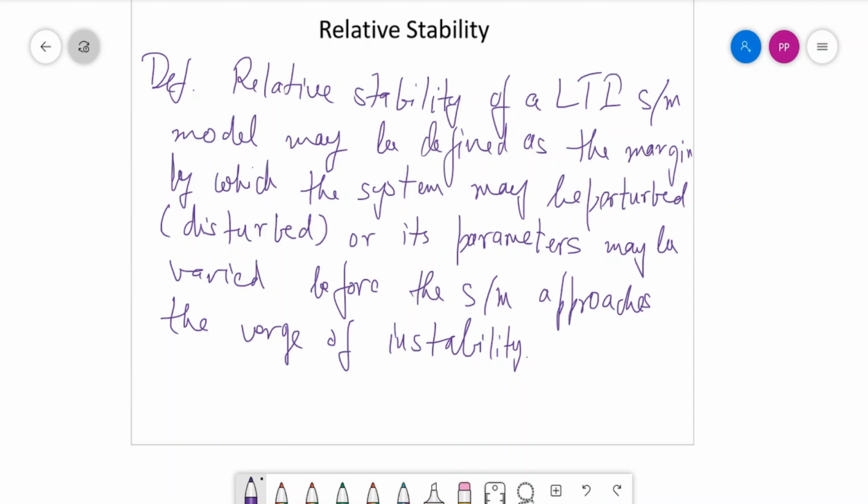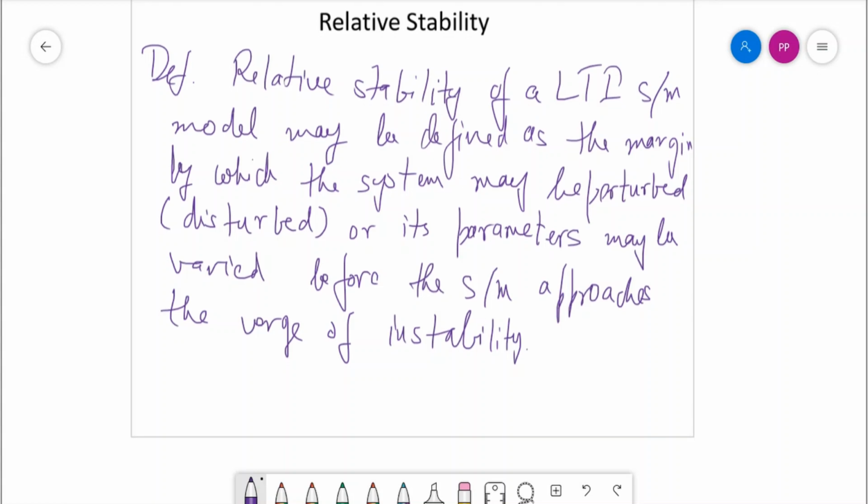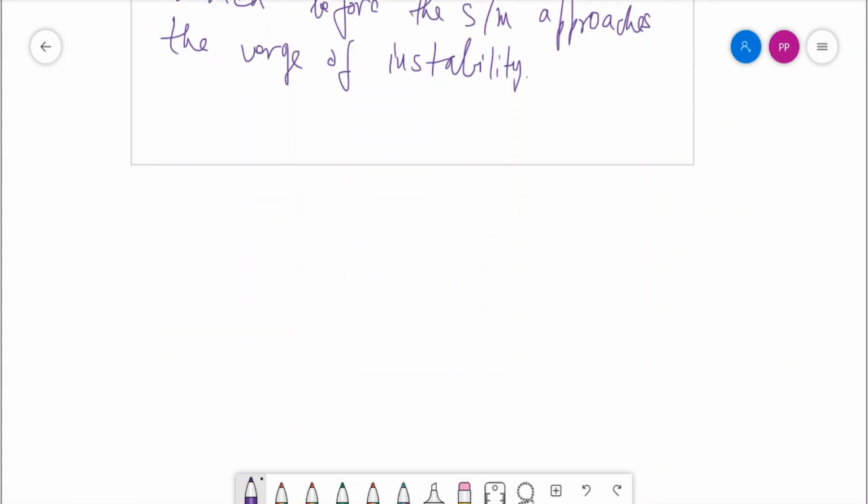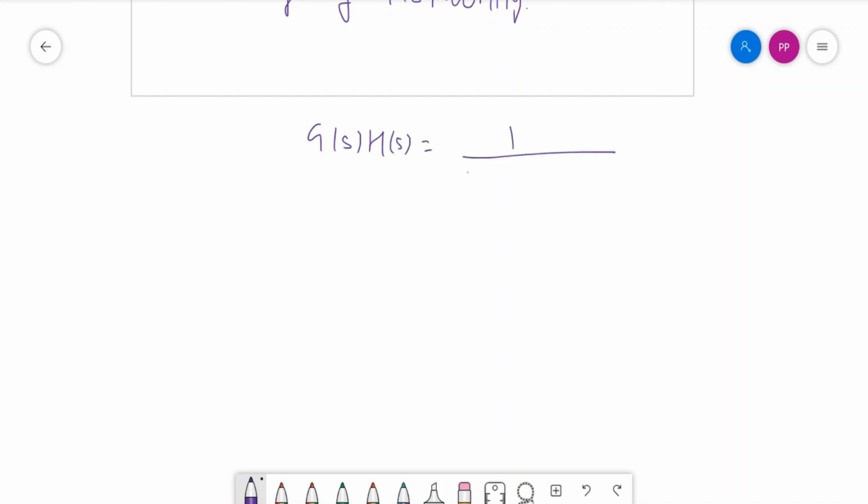To understand this concept, let us draw the polar plot of a sample system. I am drawing the polar plot of a sample system. I am taking G(s)H(s) equal to 1 by s into (tau 1 s plus 1) into (tau 2 s plus 1).